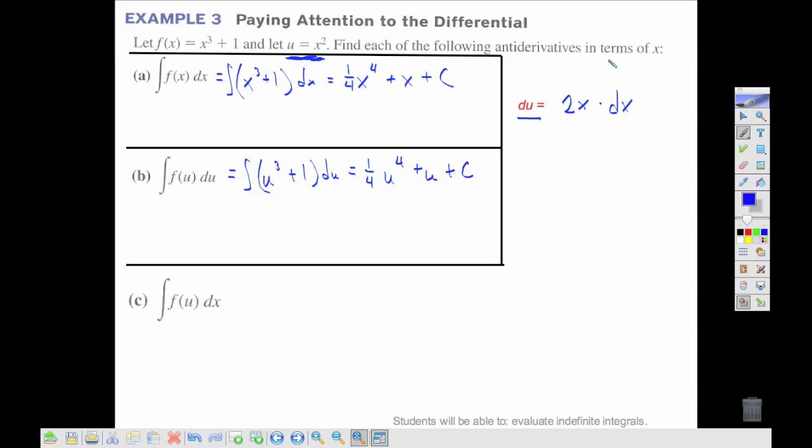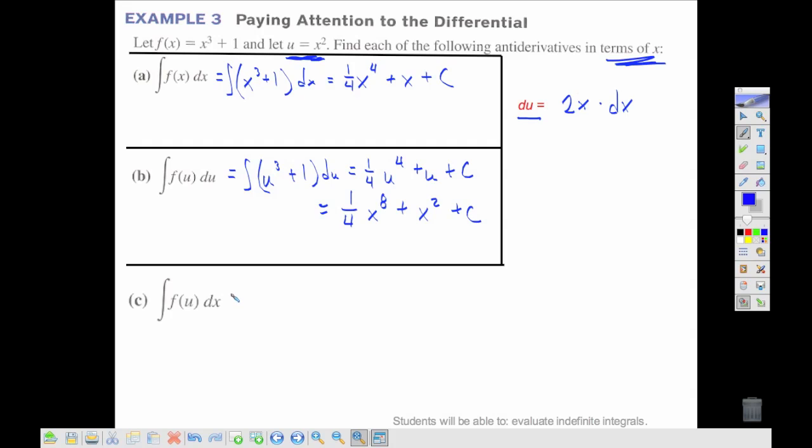The difference being that we want our answer in terms of x, so we're going to do our substitution now. And so this will become 1/4. Since u is equal to x squared, then that would mean that we have x to the 8th, because x squared to the 4th. U is x squared, and we still have plus a constant here. So notice this ends up looking a lot different than when we had f of x dx.